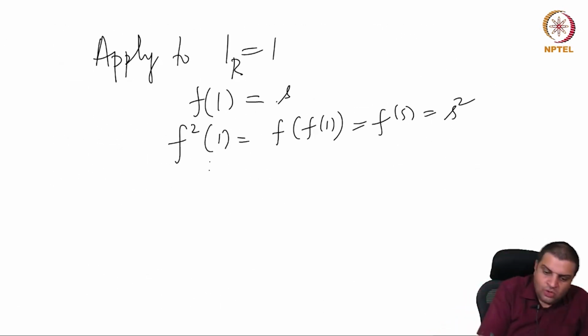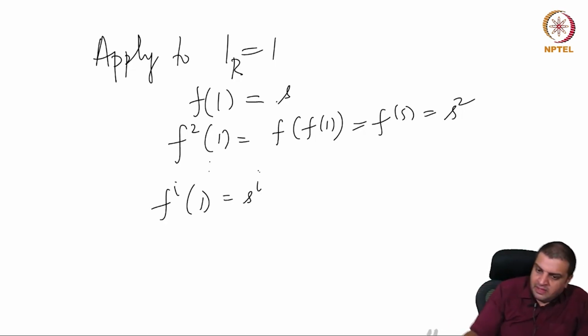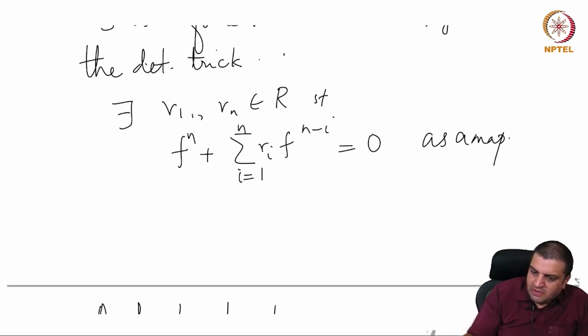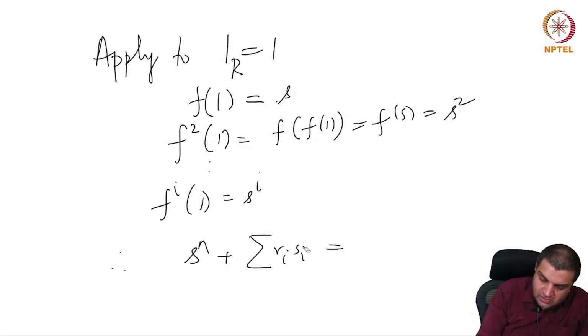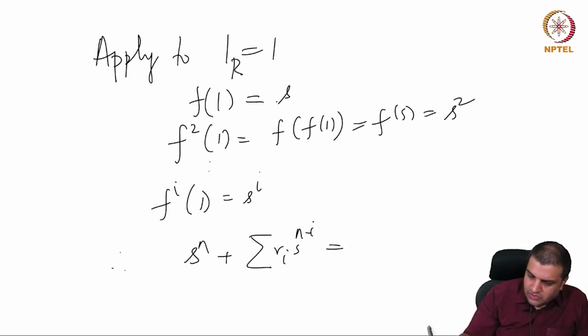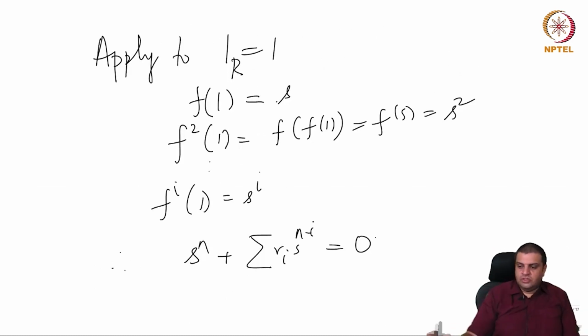Okay, and so on. So f^i of 1 is just s^i, and now apply this whole function to 1, and then we would just get, therefore, s^n plus summation ri s^(n-i) is 0. Okay.